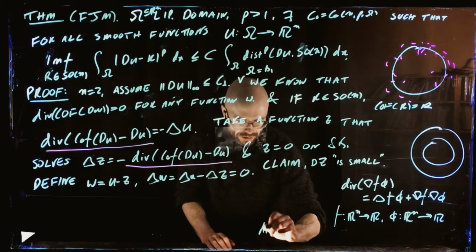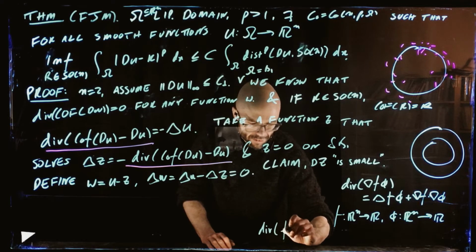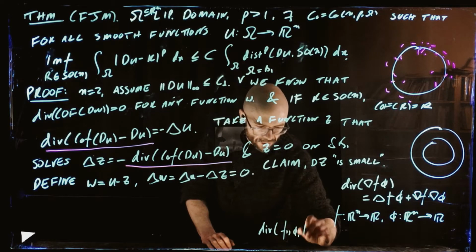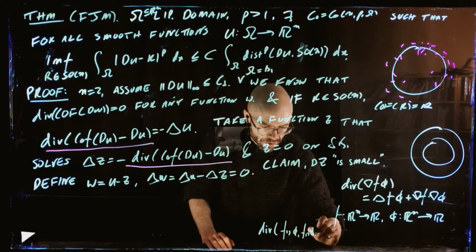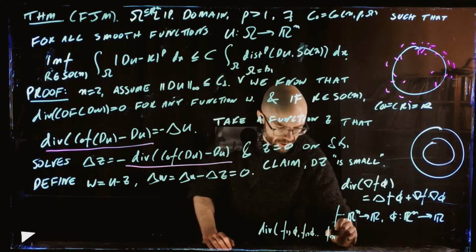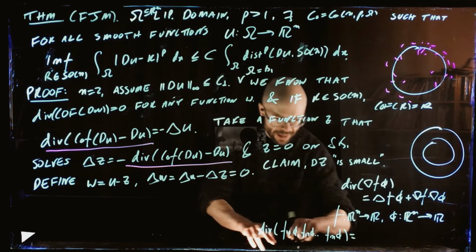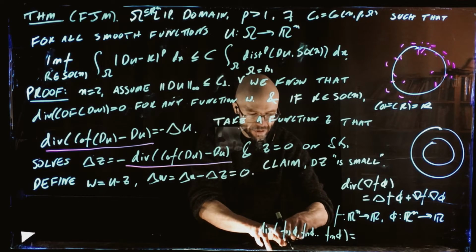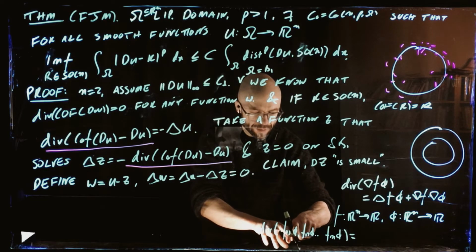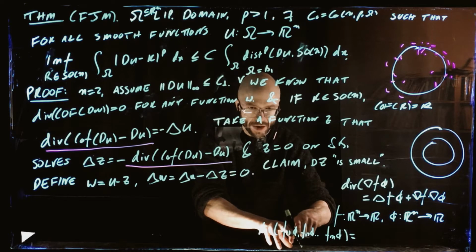Because if we have the divergence of f comma 1 phi, f comma 2 phi, and so on, then the partials hit the f comma 1, and then the same partial will hit the phi, right?